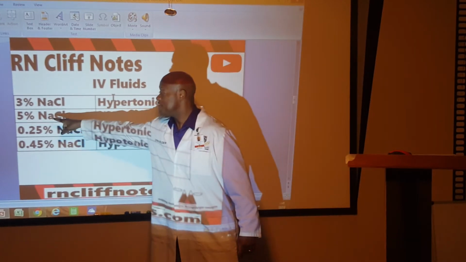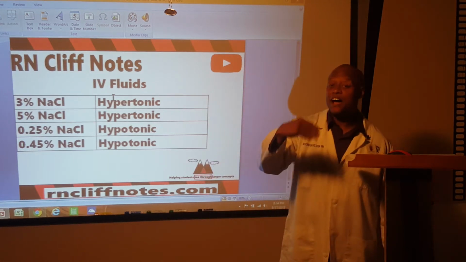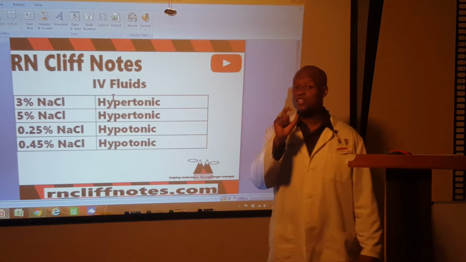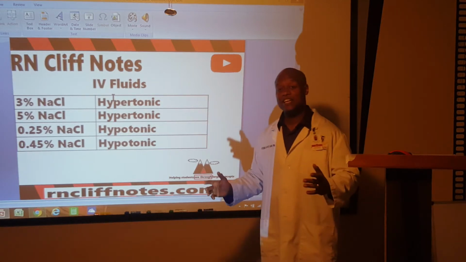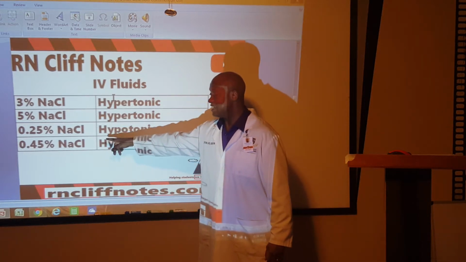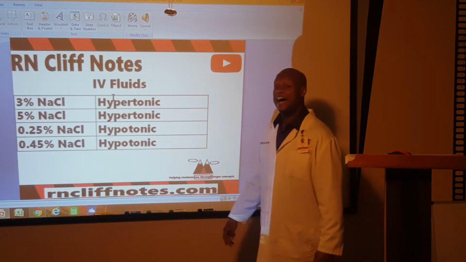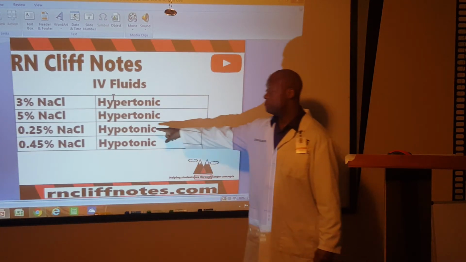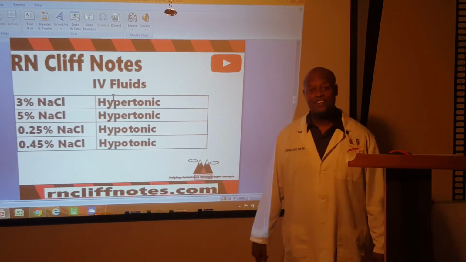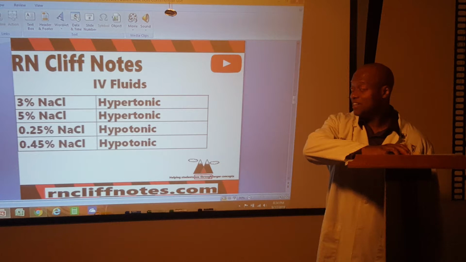Likewise, 5%, over 5 times as strong, or 5 times as concentrated as our isotonic saline, which was just 0.9%, so less than 1. Then now, that brings us to these guys, which in both instances, they are less than 0.9%. So that makes them hypotonic, respectively. Okay, good. So that was our run with the salts.